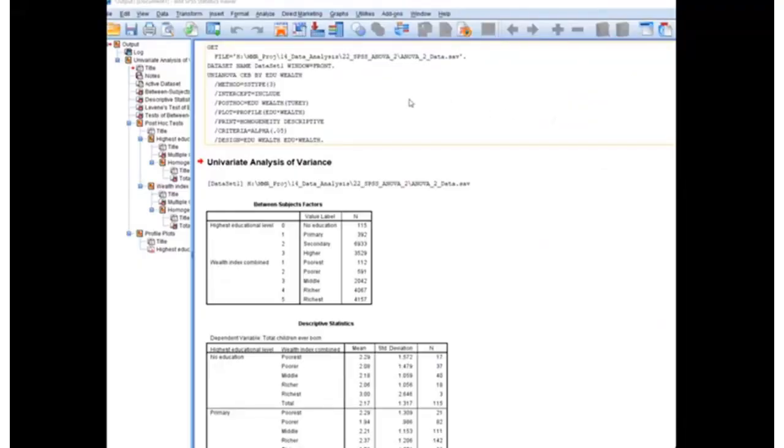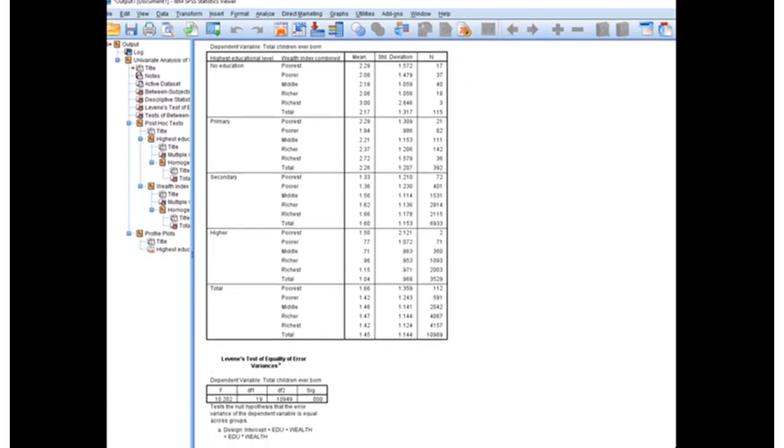You can see here the first one is the syntax, and the second one is the univariate analysis, that is the between-subject factors, higher education and wealth index, and the sample sizes are given. Then next one is the descriptive statistics in relation with the factors, that is the higher education level and wealth index.